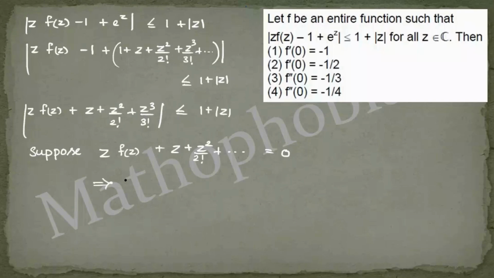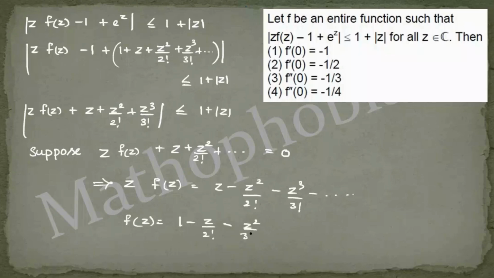So this implies z into f of z is equal to z minus z square by 2 factorial minus z cube by 3 factorial minus etc., it goes on. So f of z will be equal to 1 minus z by 2 factorial minus z square by 3 factorial minus etc., it goes on.